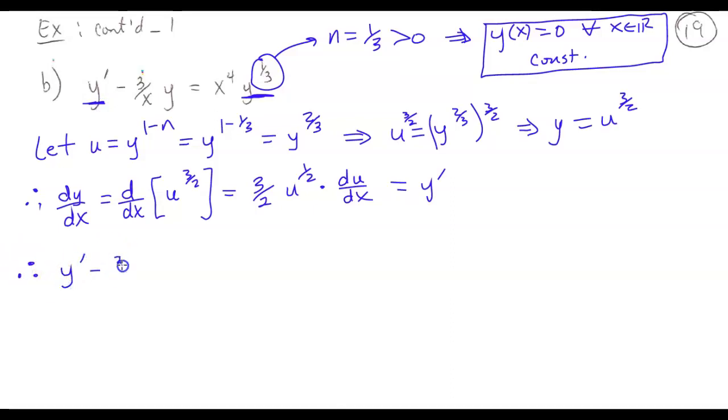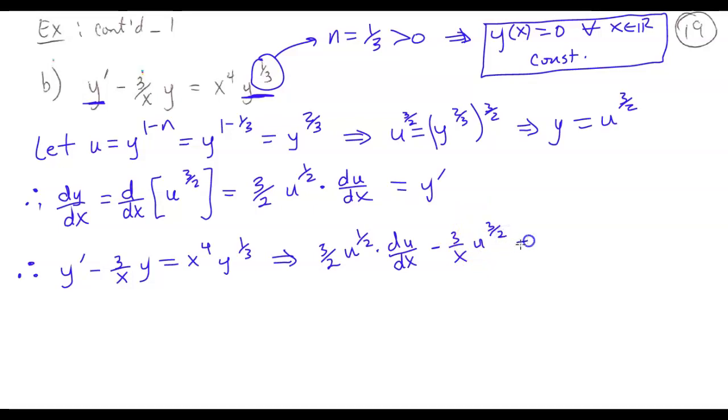So y prime minus 3 divided by xy equals x to the fourth, y raised to the 1/3. All we have to do is substitute everything in. So our y prime is 3 over 2 u raised to the positive 1/2 du over dx, minus 3 over x, and of course our y is u raised to the 3 over 2, equals x to the fourth times y, which is u raised to the 3 over 2, all that raised to the 1/3.